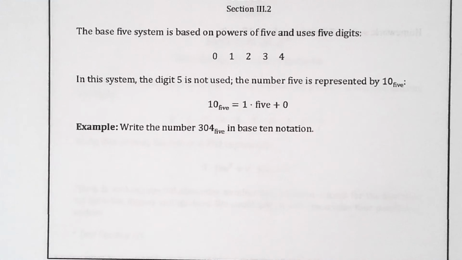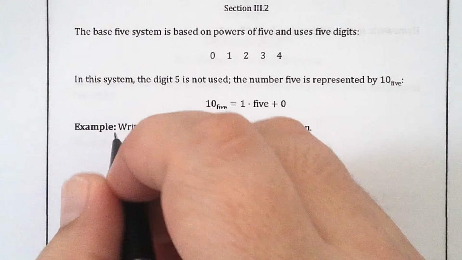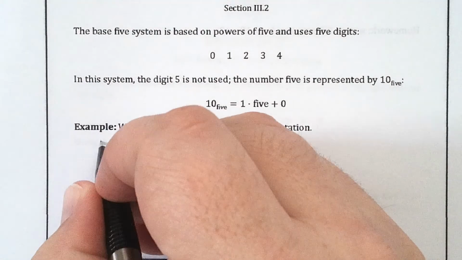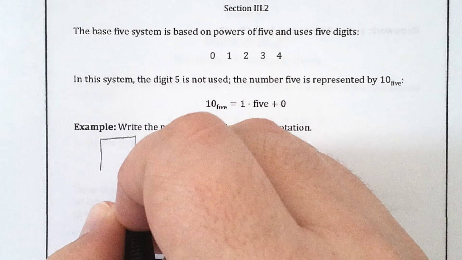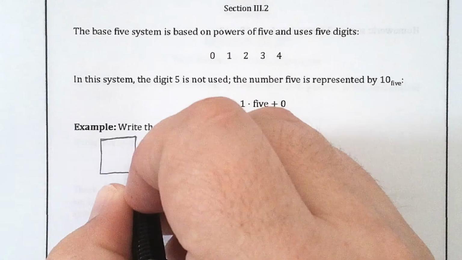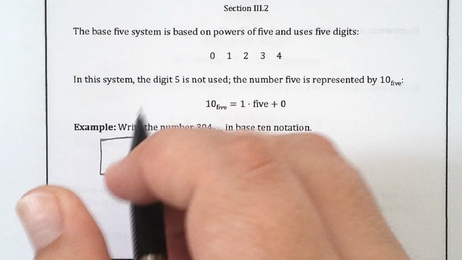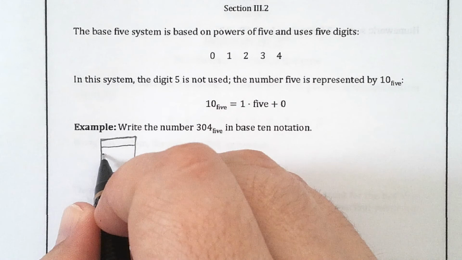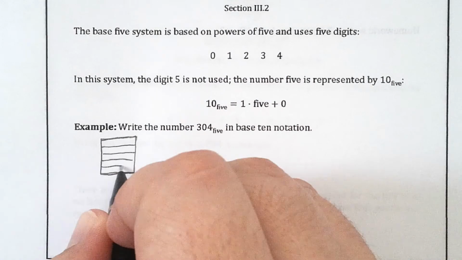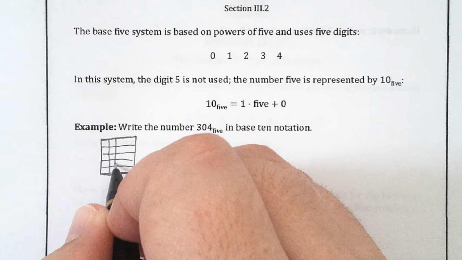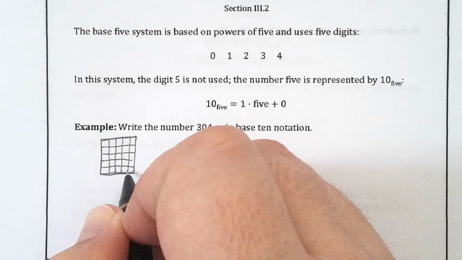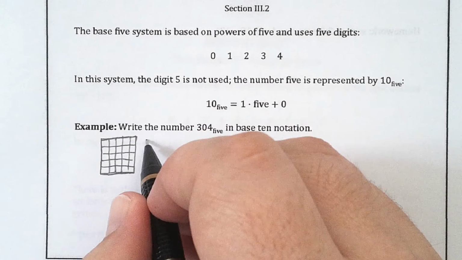Okay, so let's try to write the number 304 base 5 in base 10 notation. I'm going to draw a picture of it first. I don't really have to do that, but I think it's helpful to see it. Now we're talking about 5 by 5 mats, and we need 3 of those.